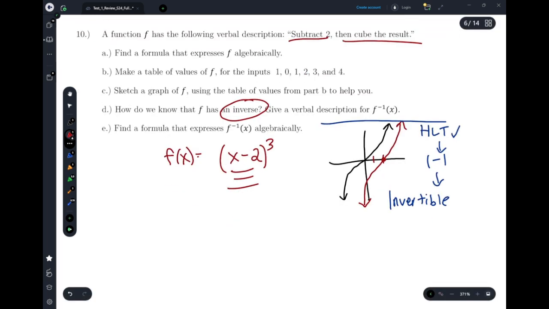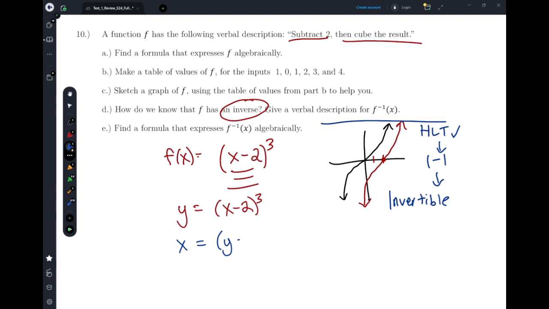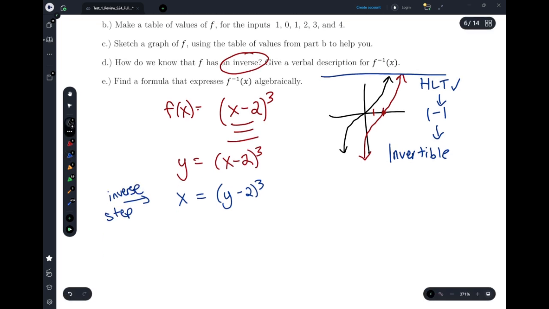We got to find the inverse, so that's going to be y. Yeah, y equals cubic. Switch x and y, right? x equals (y minus 2) cubed. This is the inverse step. And then we got to move all the stuff around, right?